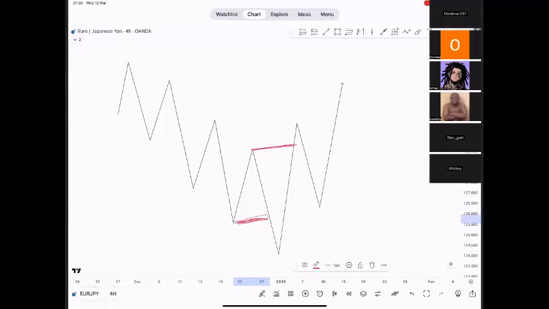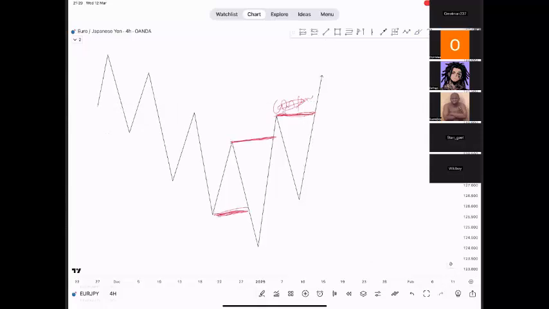And that confirmation is another break of structure. So a change of character comes with an unconfirmed change in the direction of the market, right? But then if price creates another break of structure after creating that change of character, this is now your confirmation for a new trend.